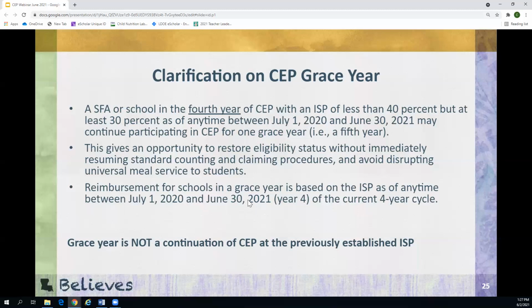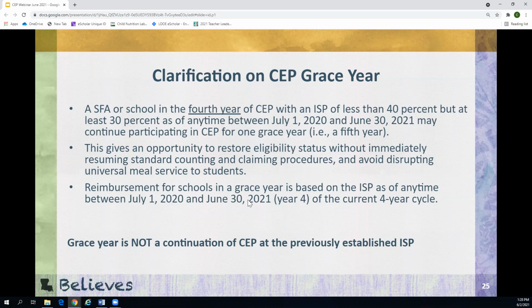The data available in that year was very different than the data we see now. Even though we have been in the middle of this pandemic, and you would have thought we would have seen a huge increase of SNAP eligible families, it is not comparable to what we saw in many of the areas after the flood of 2016. So many school systems are sitting at that point where they've got to make a decision about next school year.